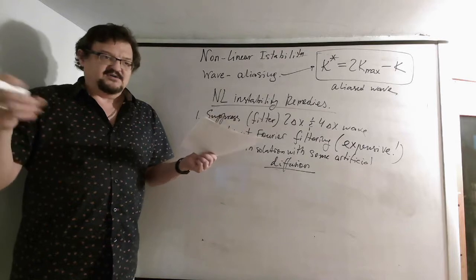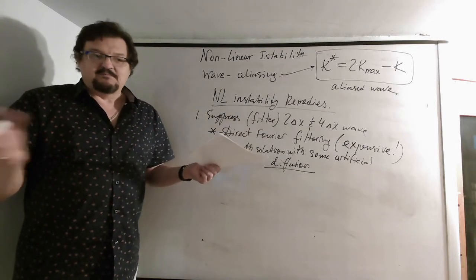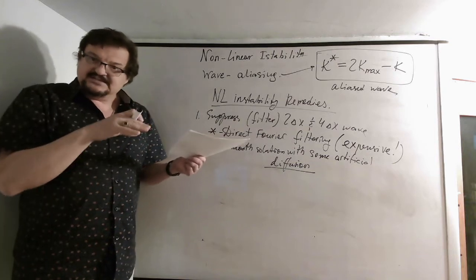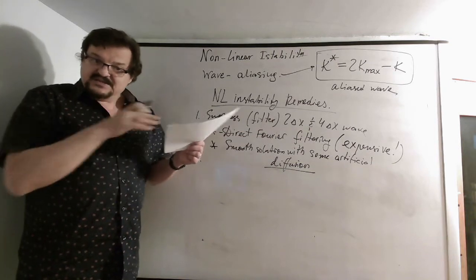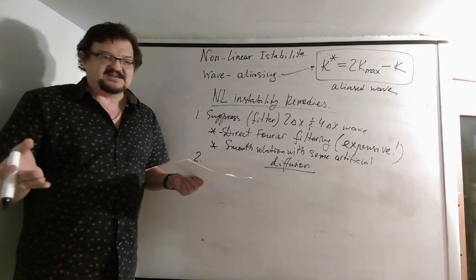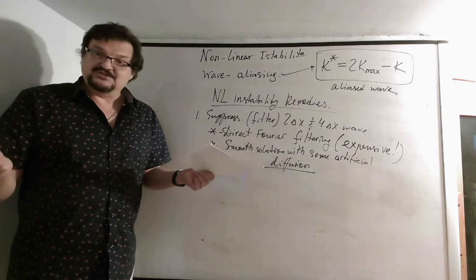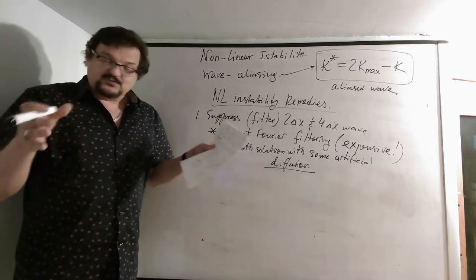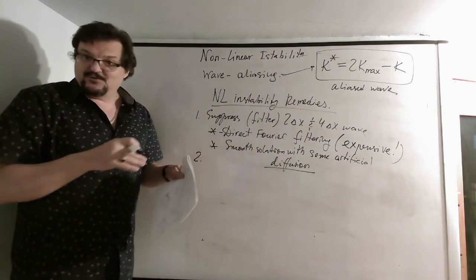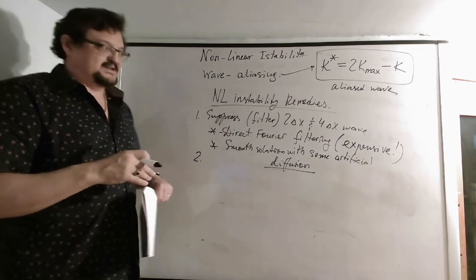They will suck energy from all these waves around, and that's it. Until this energy is replenished, there is no more energy to feed the instability. And while it's waiting for more energy to come, interaction with other waves will remove energy from the 4 and 2 delta X waves themselves towards longer wavelengths.